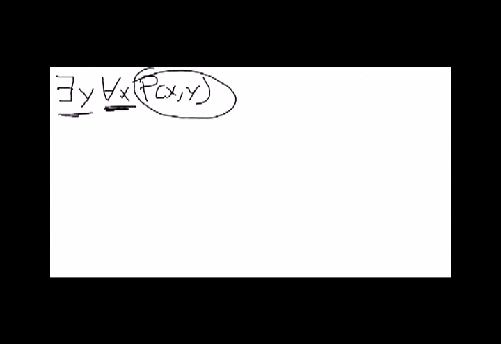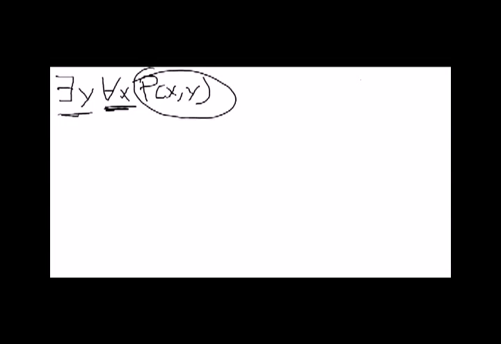Now if we think about this intuitively, it says that there's a particular value of y such that no matter what value of x you pair it with, the sum of y and an arbitrary value of x will equal 0.